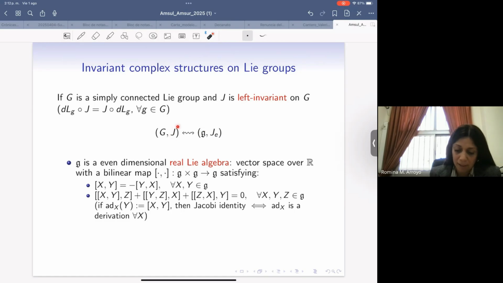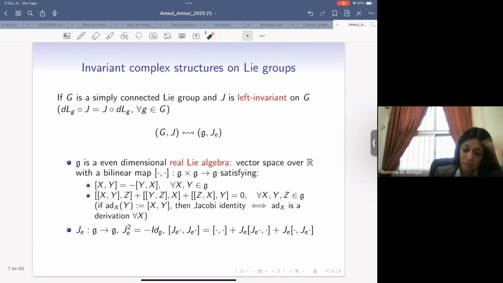Okay, so if you have a Lie group, you can associate a Lie algebra, and if you have a left-invariant complex structure, you can think of the object at the identity point. Because J is a complex structure, this J_e will satisfy these two conditions.